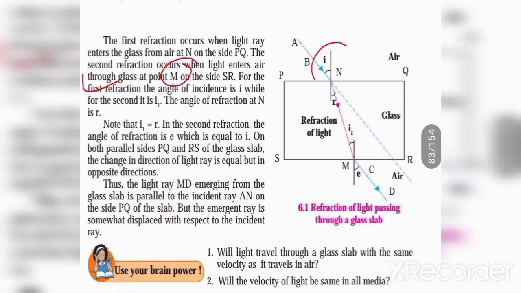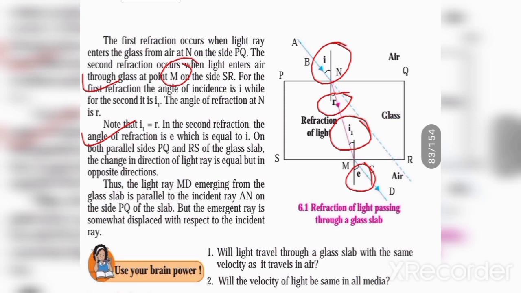The angle of refraction at N is R. Note that I1 is equal to small r. In the second refraction the angle of refraction is E, also called the emergent angle.